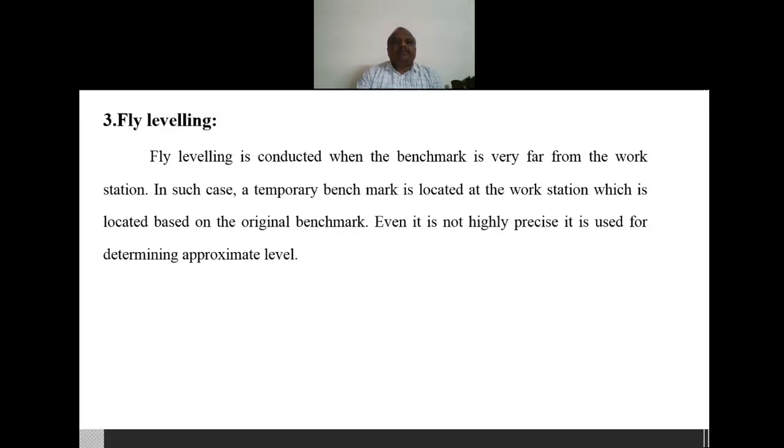There is no intermediate sight. So you should keep it in mind while conducting fly leveling. Backsight and foresight are to be recorded. Even though it is not highly precise, it is used for determining approximate level.